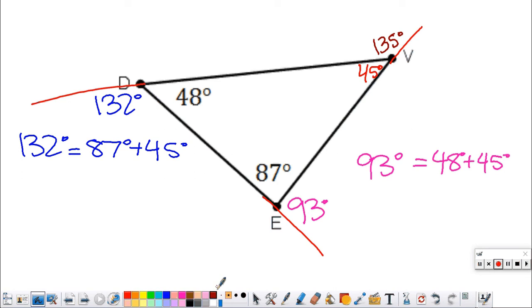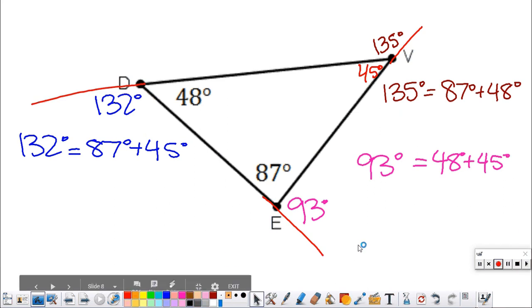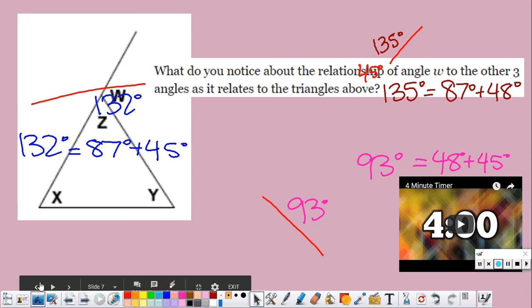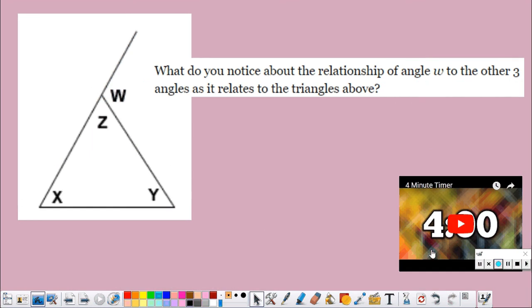Then 135, its opposite angles are 87 and 48. Okay, so that works. So what does that tell us when we come to this triangle with no numbers? What does that tell us? Angle W is going to be equal to what? X plus Y.